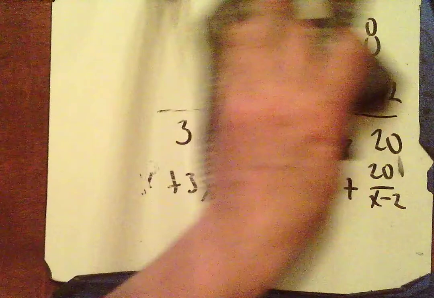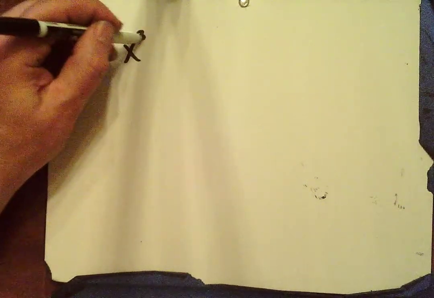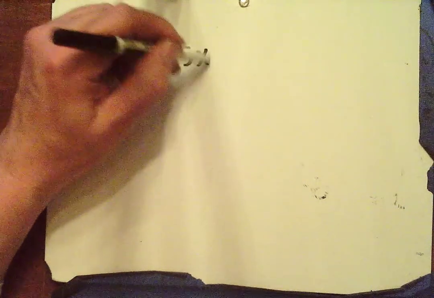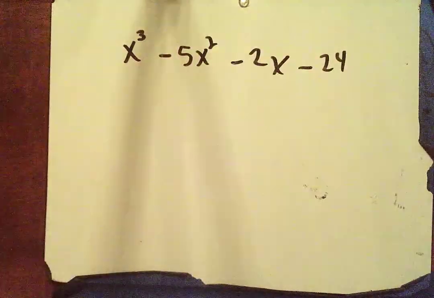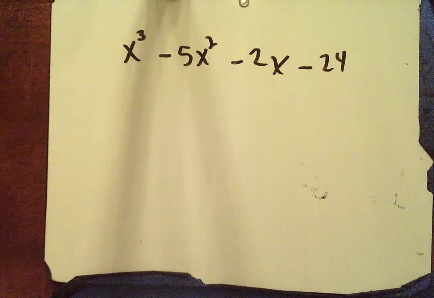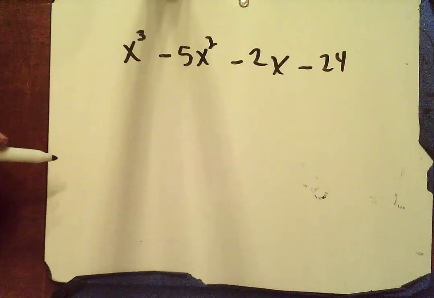What's next? Ooh, use synthetic division to determine which of the below are not factors of this polynomial. So yeah, with this polynomial, I can't factor by grouping. And maybe I'm too lazy to pick up my calculator, so I'm just going to use synthetic division.